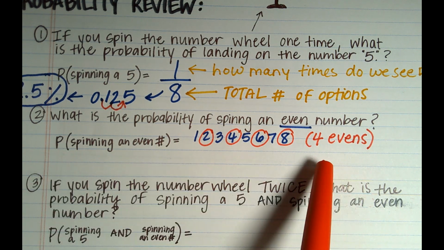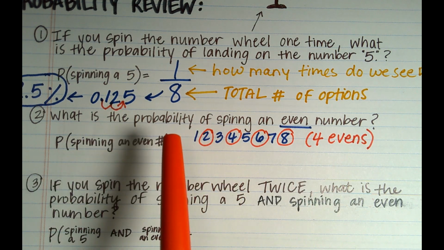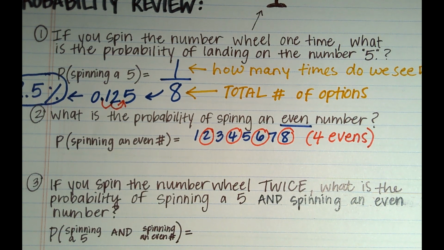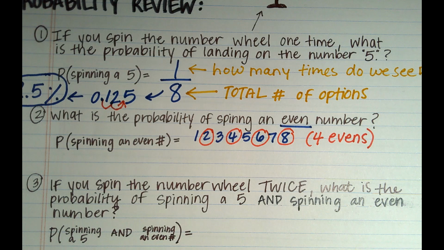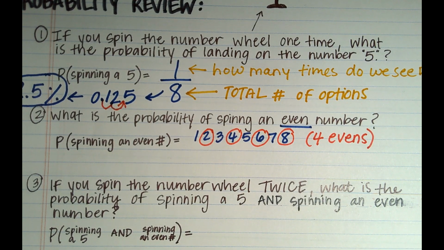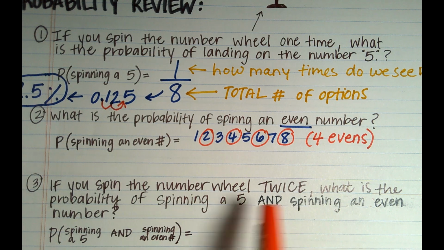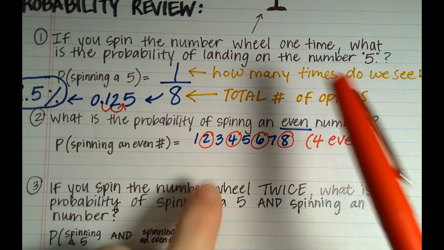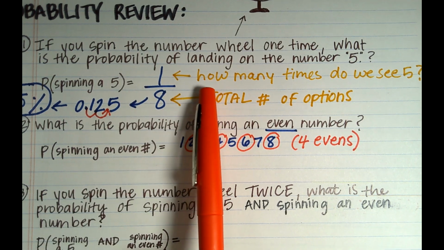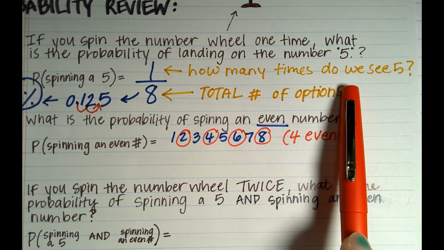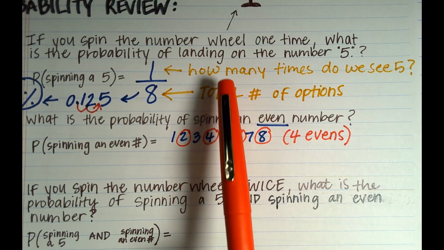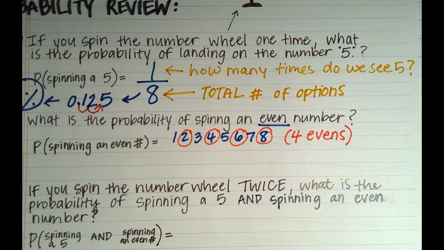So when I want to think about writing the fraction for the probability, here, let me publish this. Okay, so I know that I have 4 even numbers, and I want to write a fraction to say what is the probability of landing on an even number. So I look at my little format. I need to put the top number to tell me how many times do we see an even number, 4, and the total number of options.